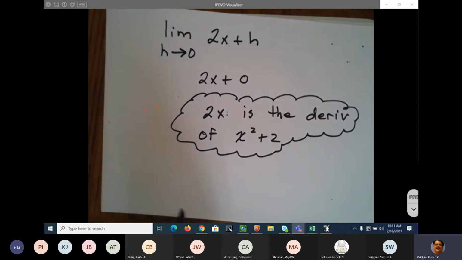Okay, so 2x is equal to the derivative of x squared plus 2. Now, what is the derivative?